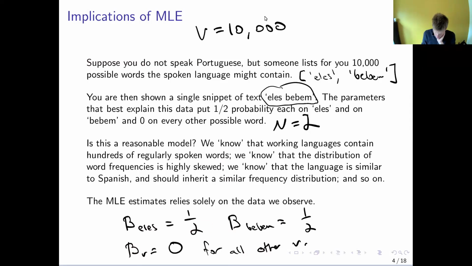So we can go a little further. We also, quote unquote, know that word frequencies in language tend to be highly skewed. All right, so we don't usually have uniform distributions over the set of words that do appear, right? Typically, some words are used much more than others, whereas this is a uniform distribution, 50-50, over the words that get positive probability, okay?